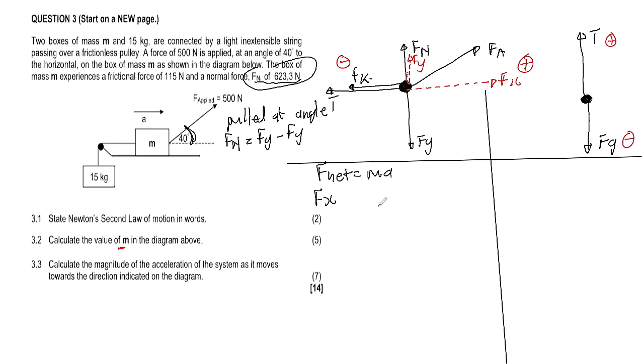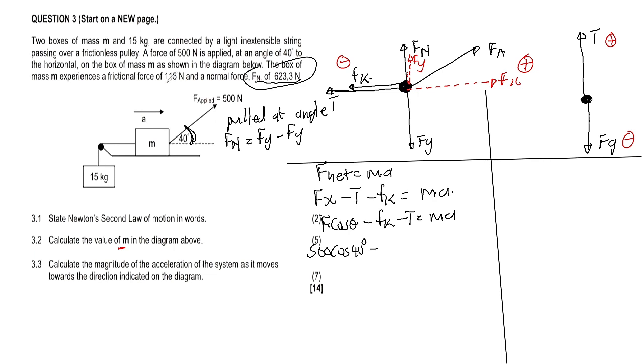Then this is Fx minus tension minus Fk, because we do understand this system is moving to the right. Then MA. Fx breaks down to F cos theta. Then let me arrange Fk minus T like that, because I know T will be the unknown. And then my force applied is 500 cos 40 degrees.